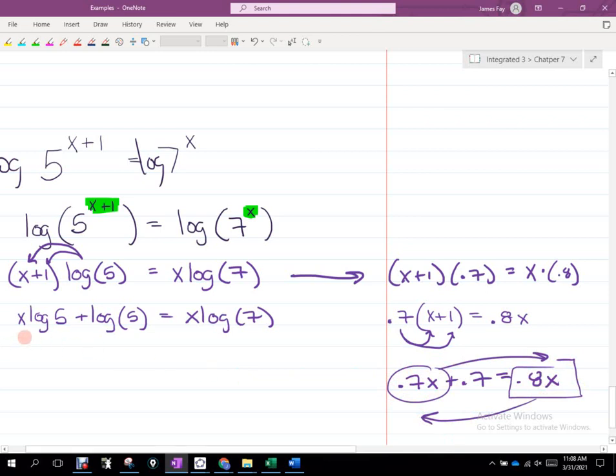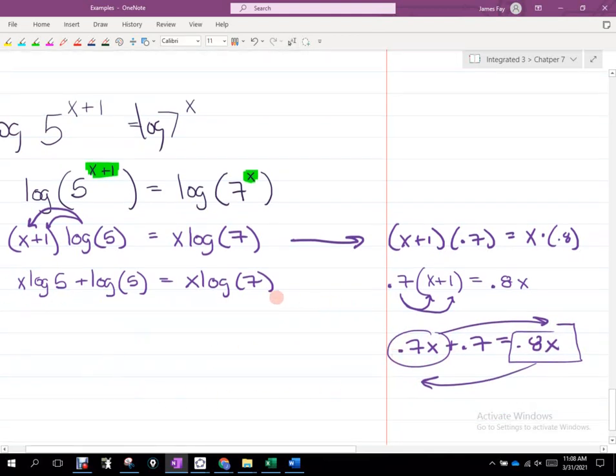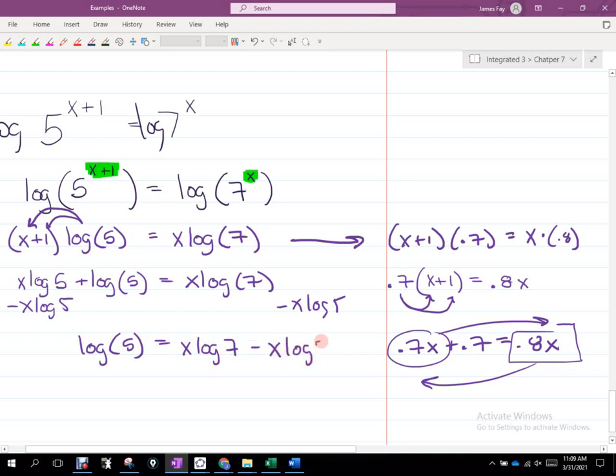It's up to you. Okay, so if I subtract 0.7x from both sides, working back to what their exact values were, it'd be moving this thing here, right? The x log 5. So I'll subtract x log 5 from here and subtract it from over here. Okay, so now I have log of 5 on the left equals x log 7 minus x log 5.